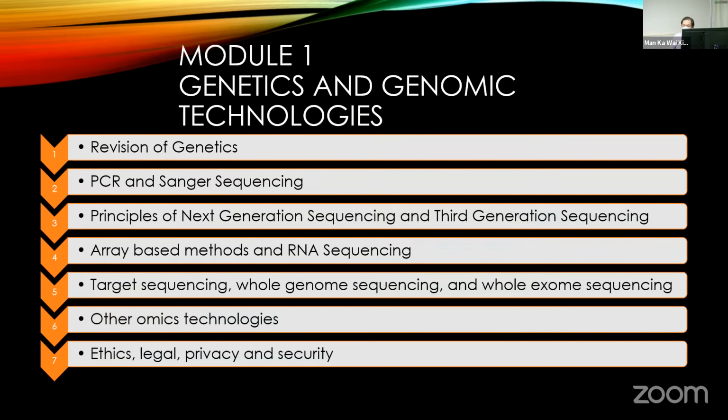Different platforms will be covered, as I mentioned before. So maybe in local markets we have Illumina, we have Ion Torrent sequencing, and then we also have some different platforms provided by different companies and used in different lab settings. So those commonly used platforms will be covered.